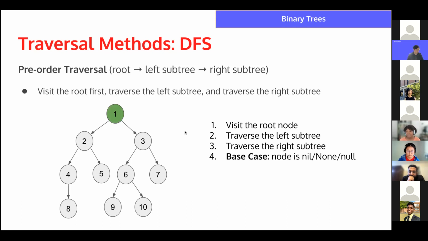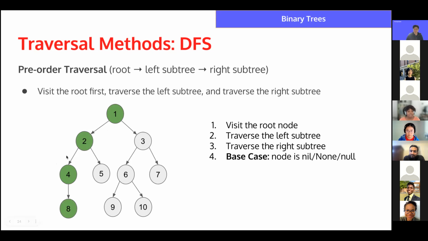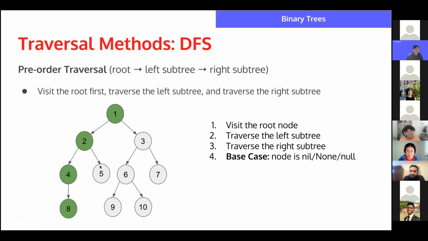Get us started with visiting the root node first. Then we traverse down the left subtree before coming down to the right. So we visit each node first, starting with 2. Then 4, then 8. And since we've processed all of the left subtrees in this one, we start with right.